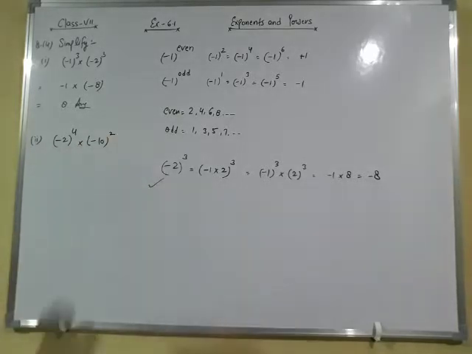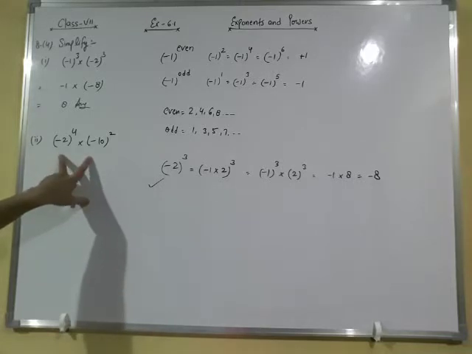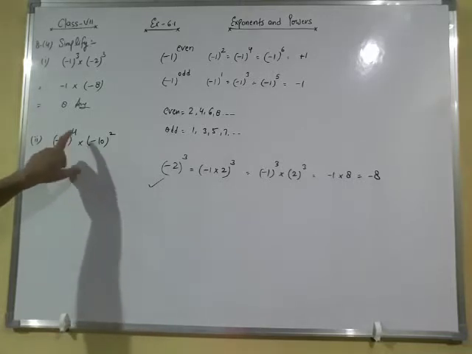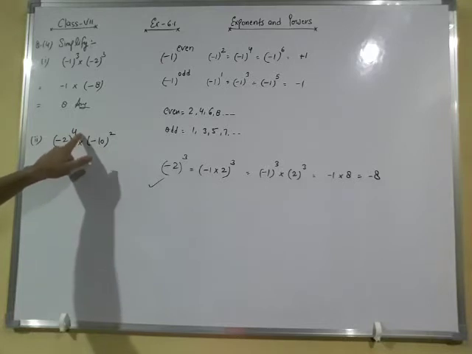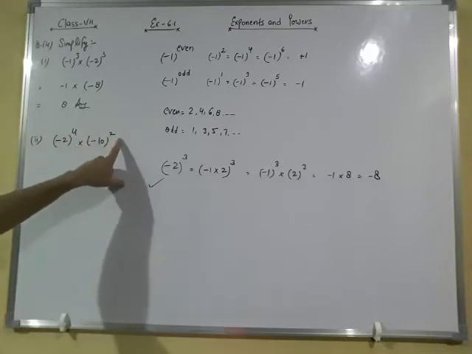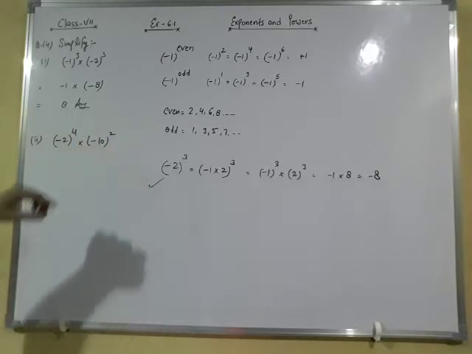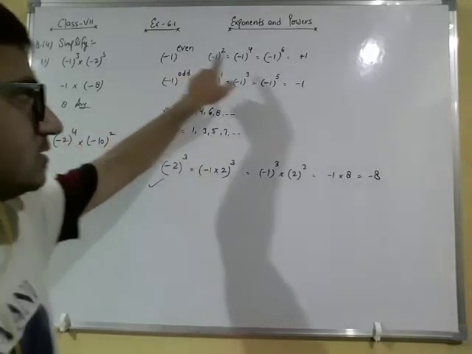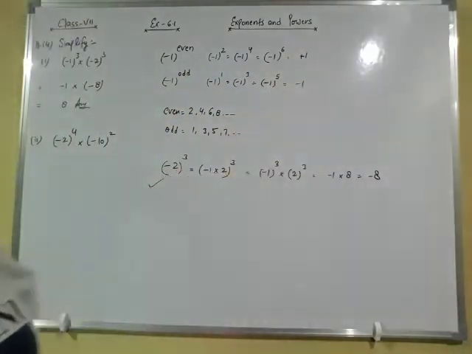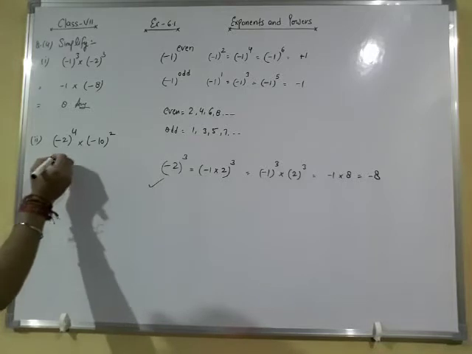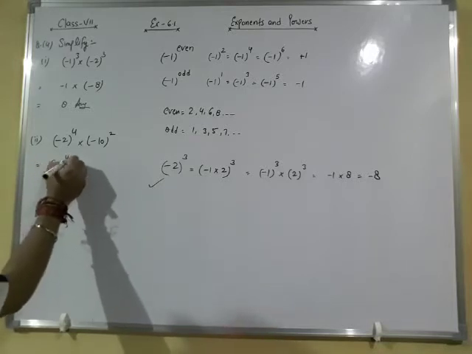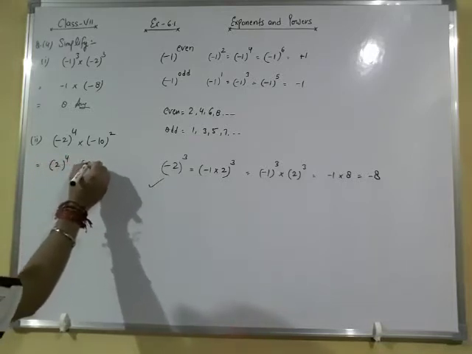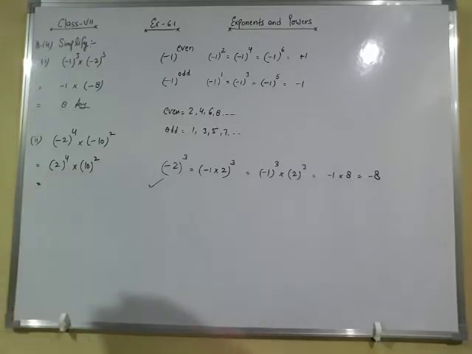In both exponents, we have even powers. 4 is an even number, 2 is also an even number, and when we have even powers, the answer will be positive. So it will be 2 raised to the power 4 and 10 raised to the power 2. Clear?